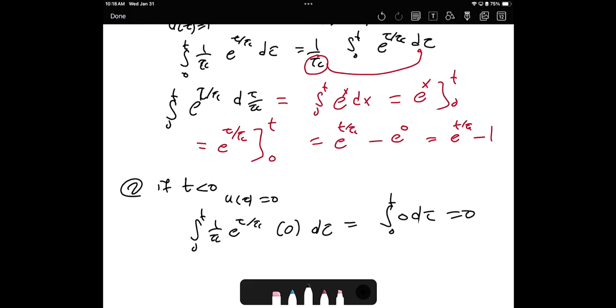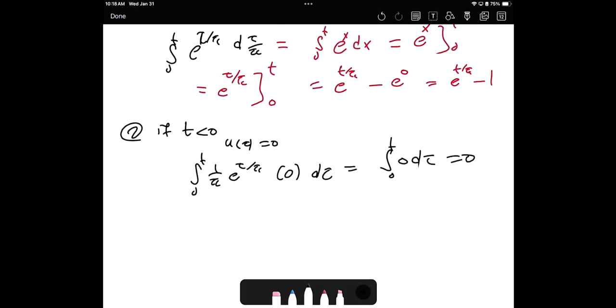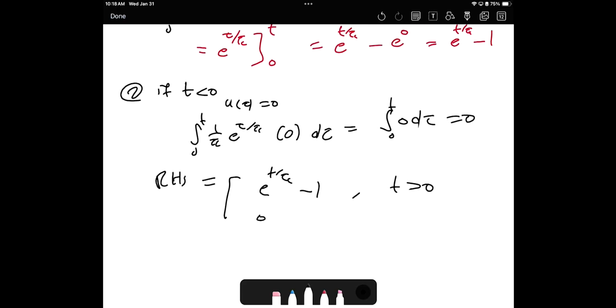So as a result, the right hand side can be either e power t over tau c minus 1 when t is larger than 0, or 0 when t is less than 0.